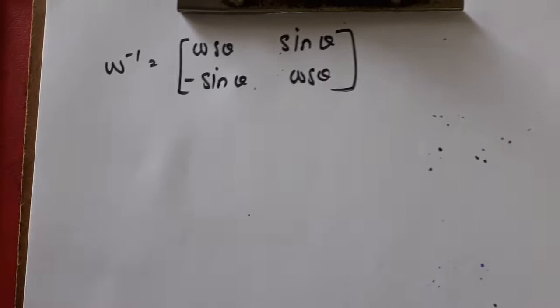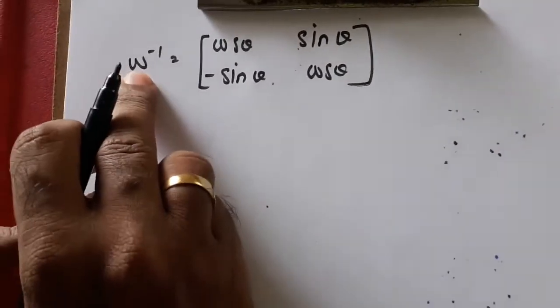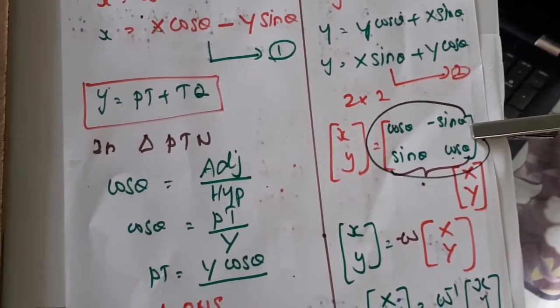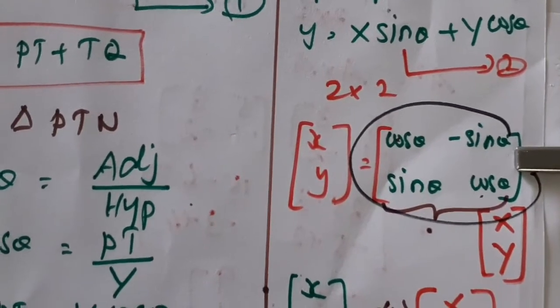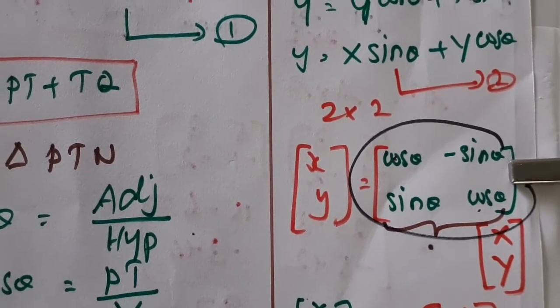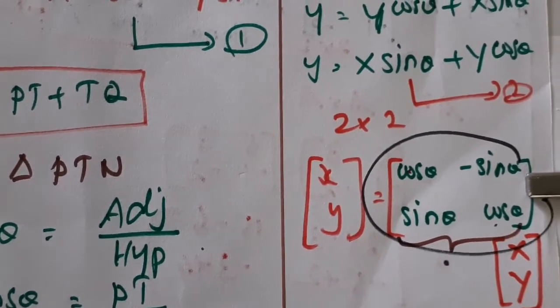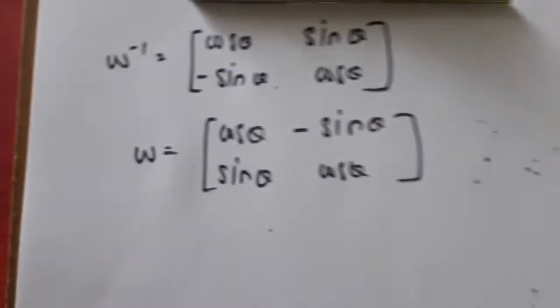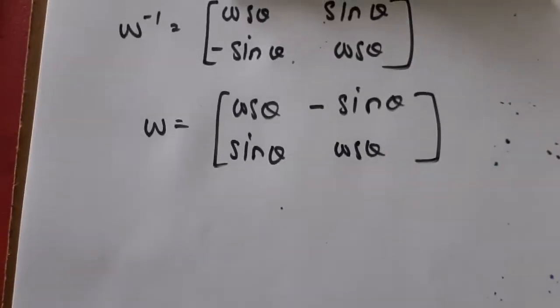This is the inverse of the function. Next we have the original function W. What is our W term? W is equal to cos theta, minus sin theta, sin theta and cos theta. This is our W.